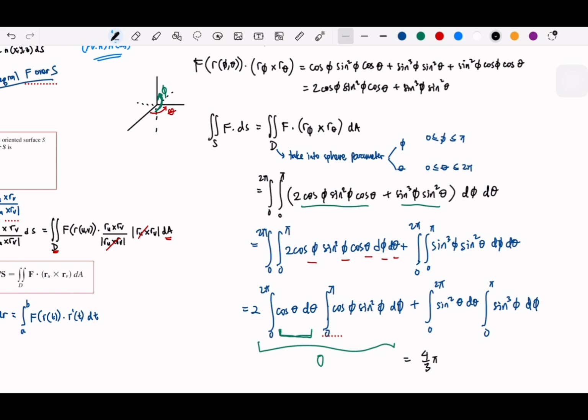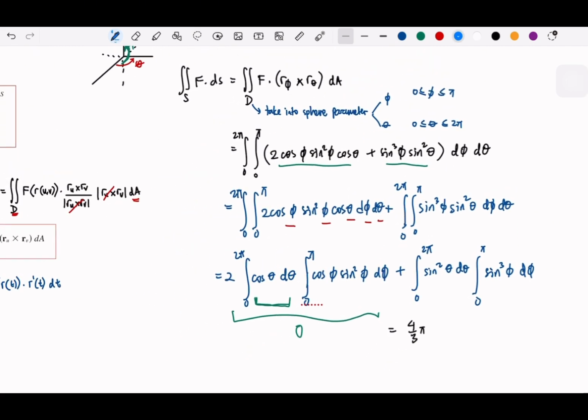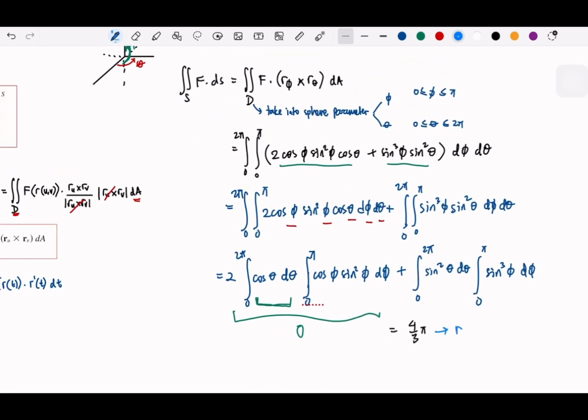Now this vector field in this example, we could describe as a velocity field with density 1. And then this 4/3 pi is representing the rate of flow through the unit sphere.